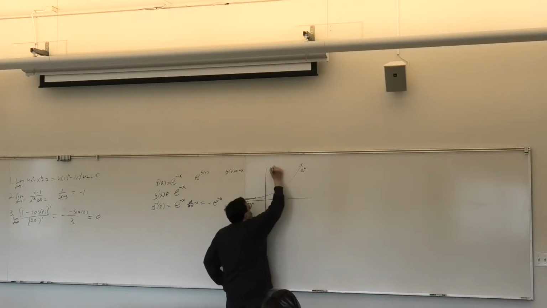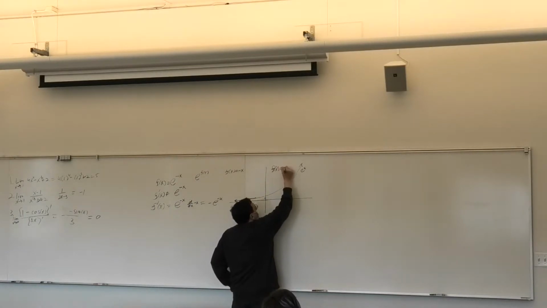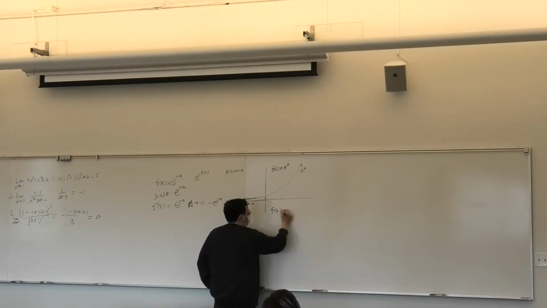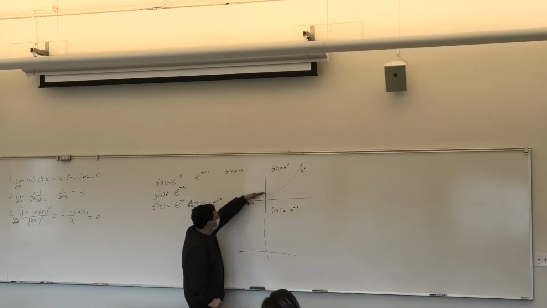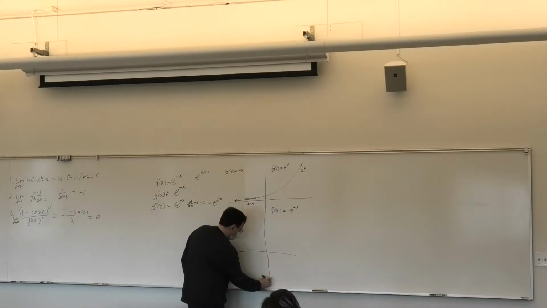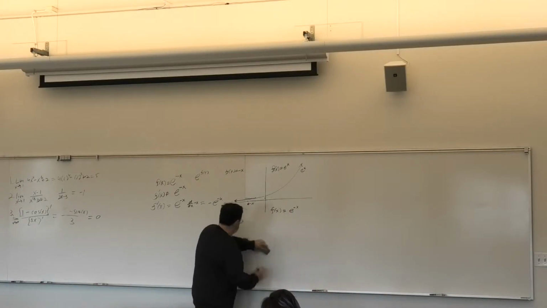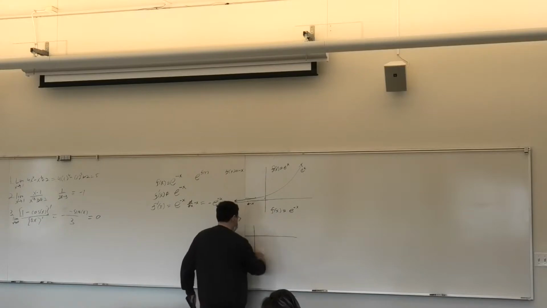This is e to the x. When I go to e to the minus x, well, let's think about that. It's just this function only upside down. Move the axis up here a little.